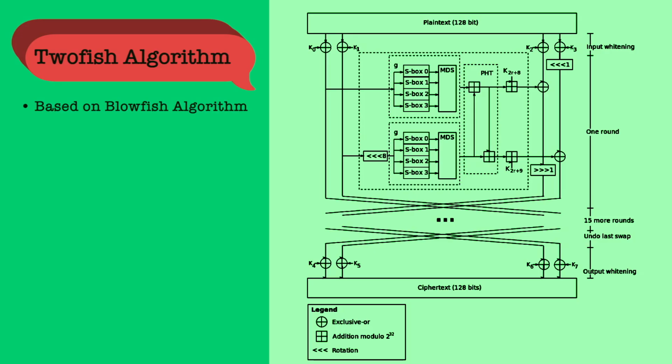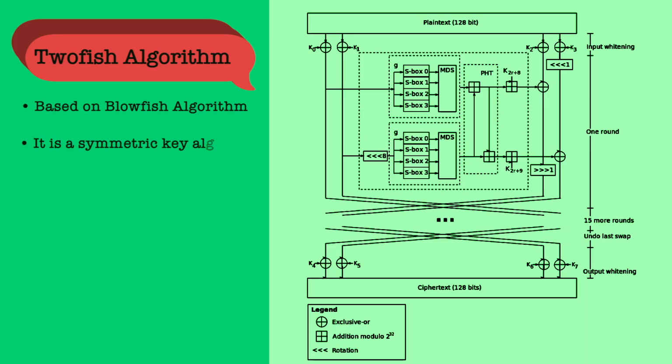Blowfish came into the limelight after the US Department had a competition on the Advanced Encryption Standard, and Blowfish was one of the 5 finalists in that competition. Though Blowfish was not selected, the other algorithm, Rijndael, was selected, but Blowfish gained much popularity and a second version of it was formed, which is called the Twofish algorithm.